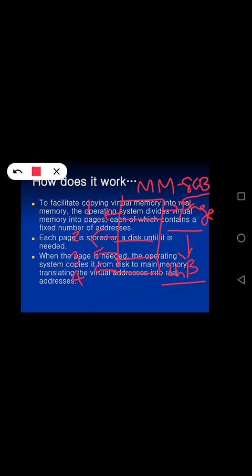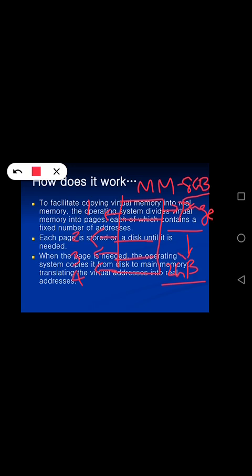Each page is stored on a disk until it is needed. That means we can divide secondary memory also into some pages, which are called segmentation.